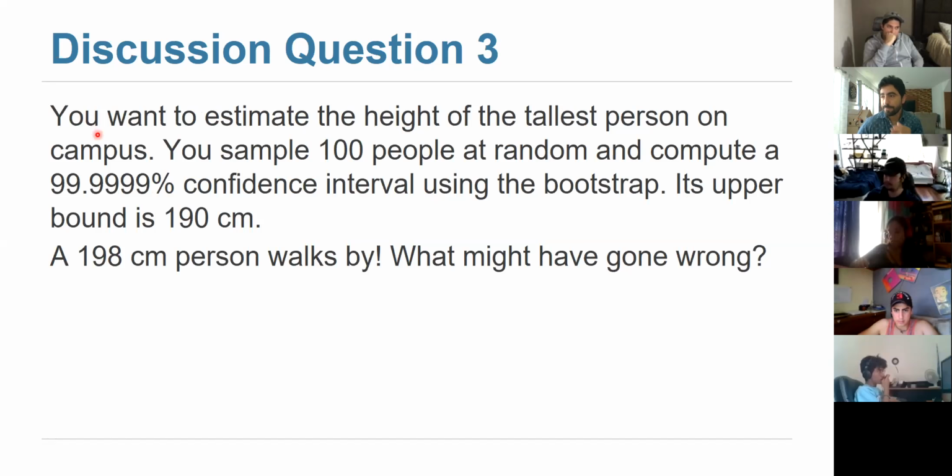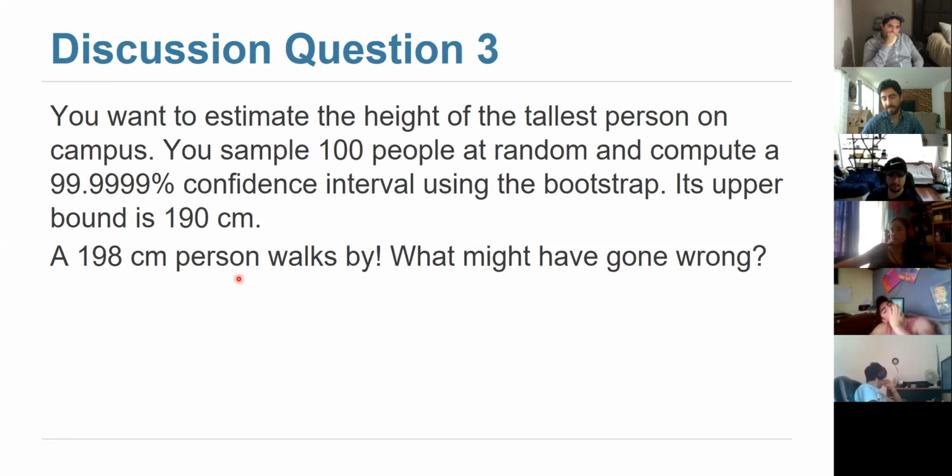About question 3, you want to estimate the height of the tallest person on a campus. You sample 100 people at random and compute a confidence interval using the bootstrap. And you put the upper bound as 190 centimeters, the upper bound of the height of a student.